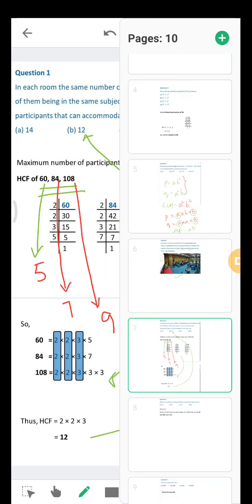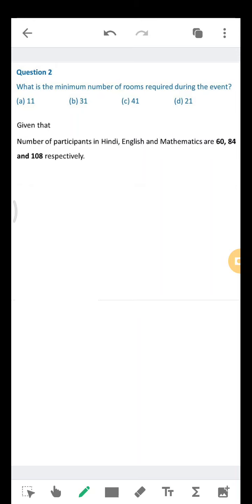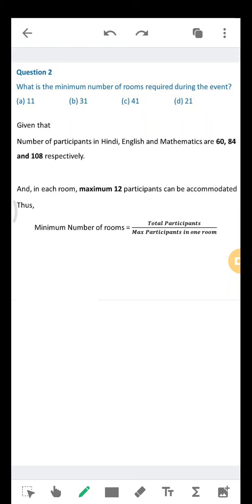Then the next question, what is the minimum number of rooms required during the event? So what's our answer? That is 21. You can even do it in this way. In each room maximum 12 participants can be accommodated. So total participants divided by maximum participants in one room, that is 60 plus 84 plus 108, that is 252 divided by 12, that will also give you 21 rooms.